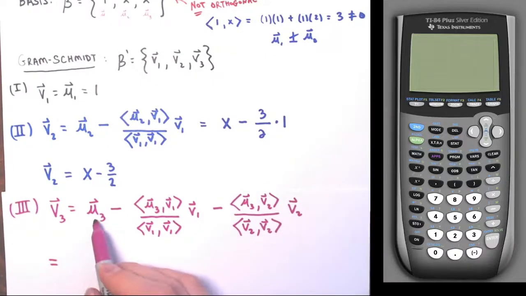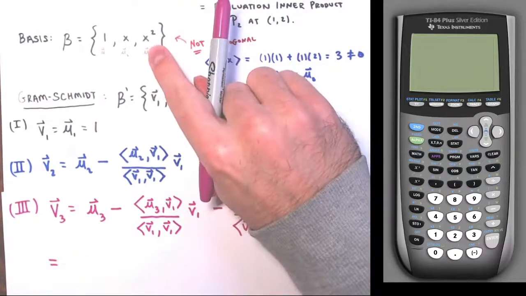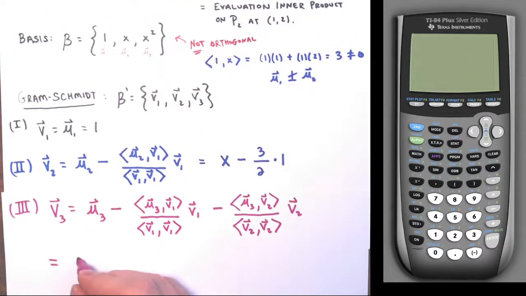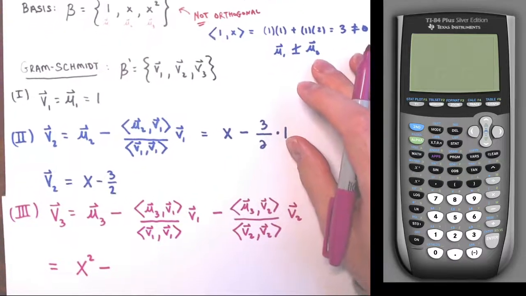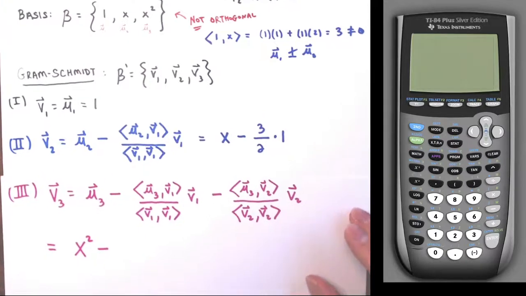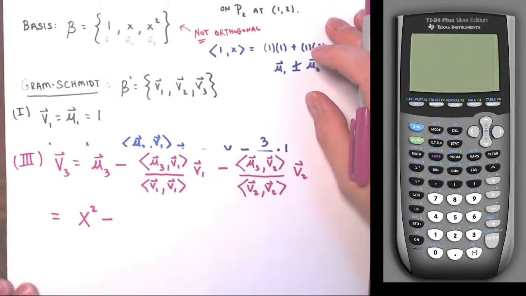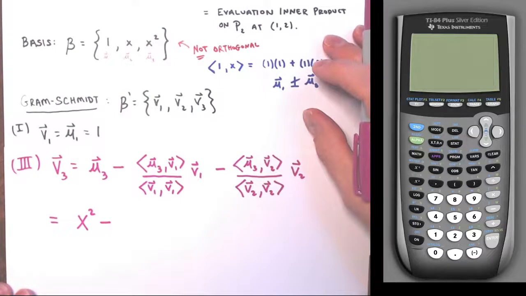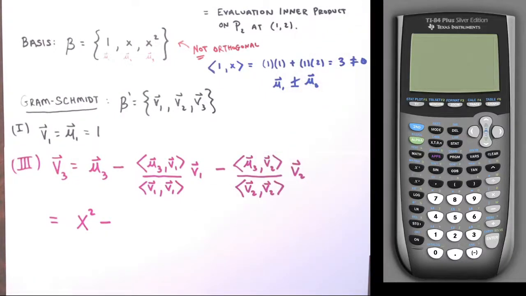All right, u3, that third original basis vector, is x squared, minus, and then what's the inner product of u3 with v1? I'll find these separately.